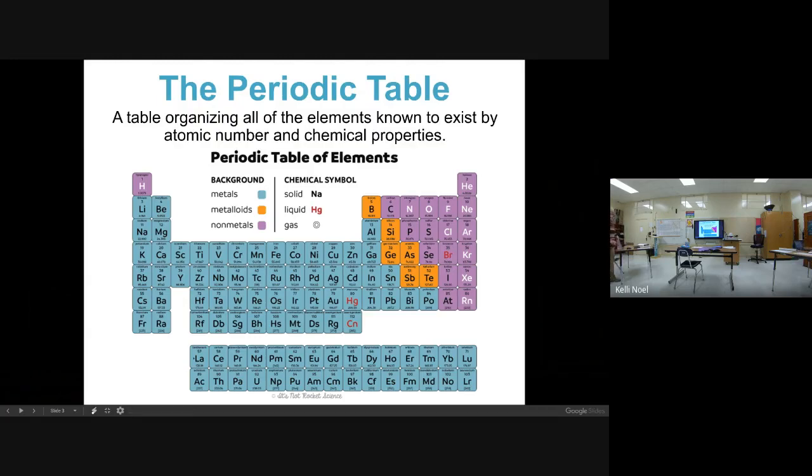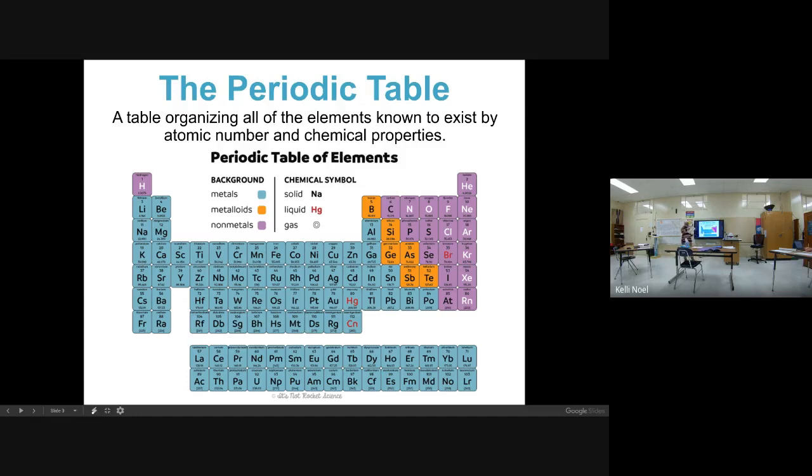So again, just to review, your periodic table is just a way to organize our elements that are known to exist. Notice that this goes up to 112, where your printed periodic table actually goes up to 118. At a certain point we have a lot of man-made elements.